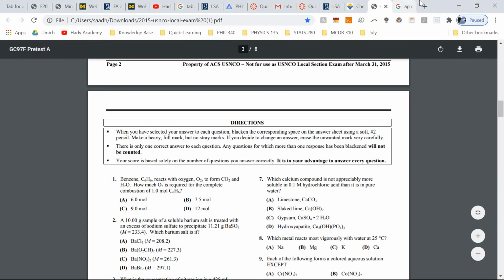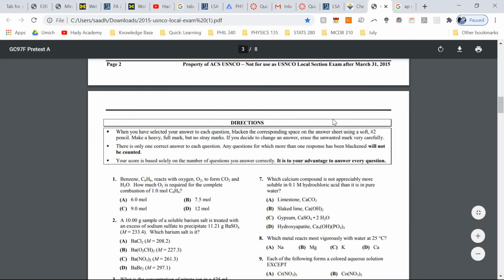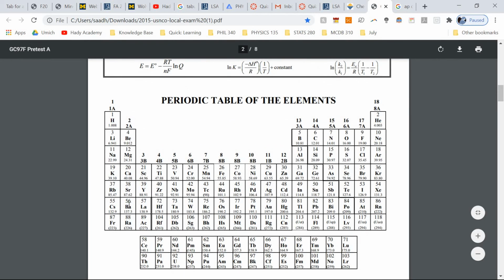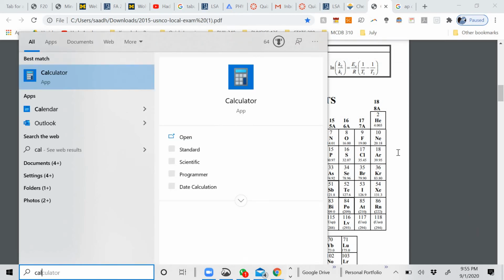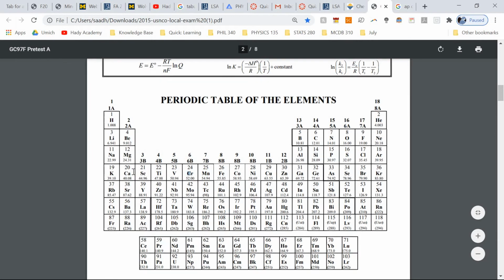So I need a periodic table. I think the Chem Olympiad sheet actually just has this. 137.3. Let's not use a calculator because that's not the big brain thing to do.